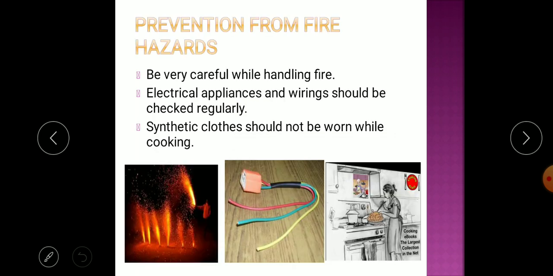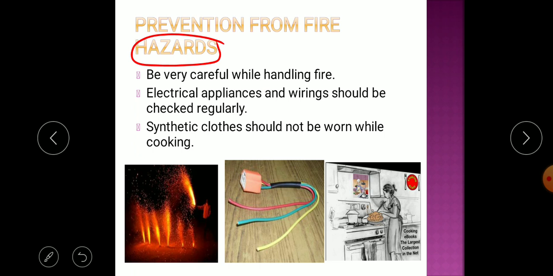Now the next topic is prevention from fire hazards. Before understanding this, let us find out the meaning of this word hazards. Hazard means the possible sources of danger. So what are you supposed to do in order to prevent fire?